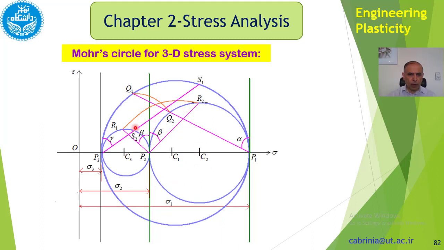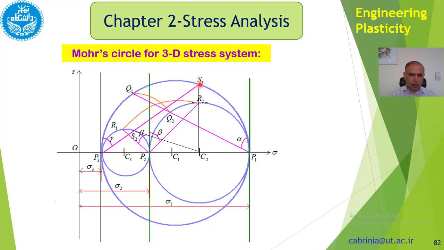Okay, here we have R1, R2, and Q1, Q2, the two arcs that meet at this point. This point of intersection, in fact, is the state of stress. To illustrate this further, we could draw the third line as well. From the center here, we draw a line to S2, and from this center, we draw a line to S1.